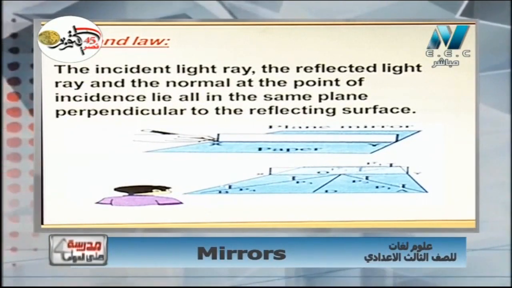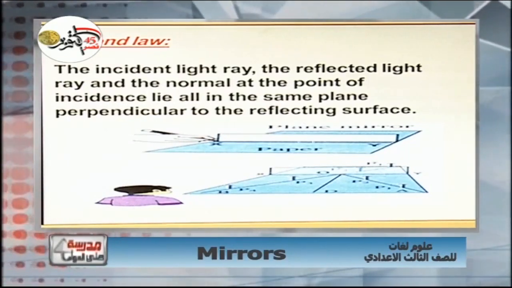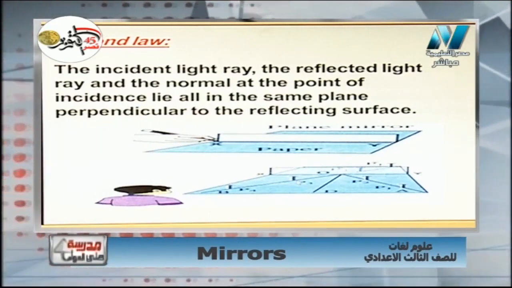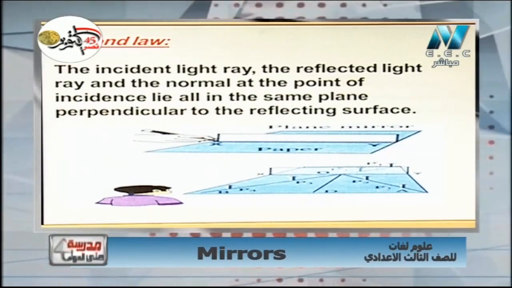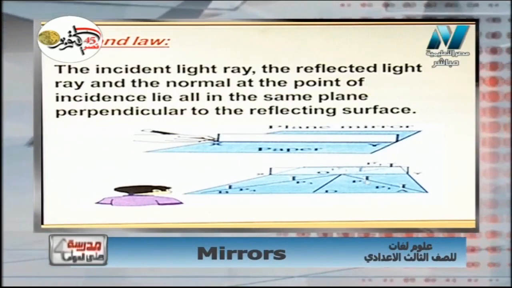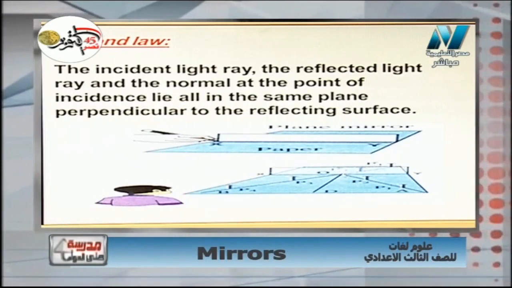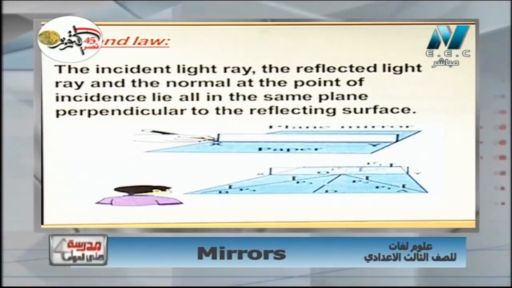This is the experiment we have in the student book. This is a plane mirror and this is a paper. He sticks a pin, as we see P1. This is pin number 1 and this is pin number 2. Then he will show their images in the mirror, draw the line of the reflected ray, and measure the angle.